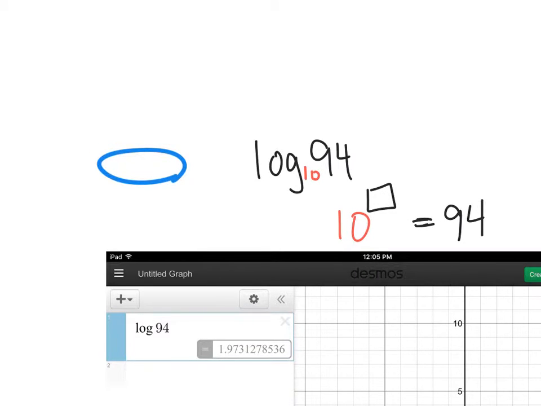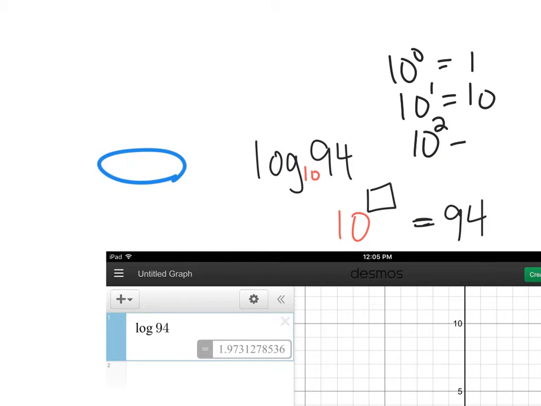Now it's not going to be a whole number, because 10 raised to the 0th power is 1, 10 raised to the first power is 10, and 10 raised to the second power is 100. We want our answer to be somewhere between 10 and 100, so our exponent has to be somewhere between 1 and 2.